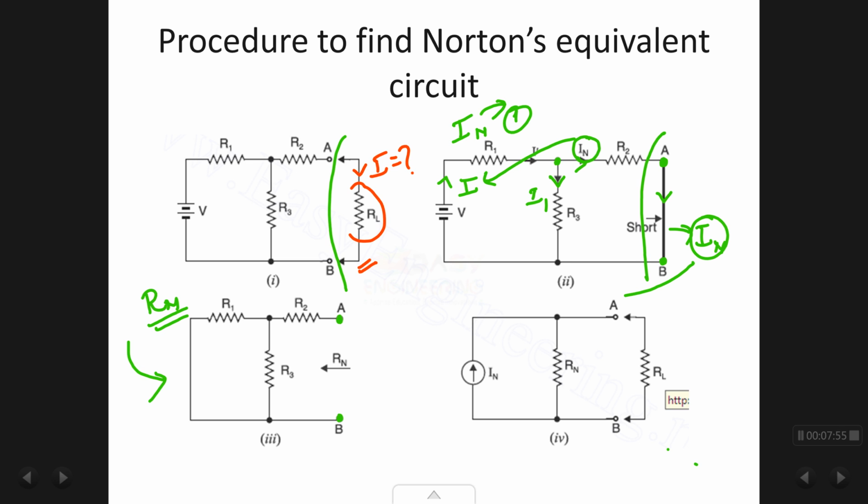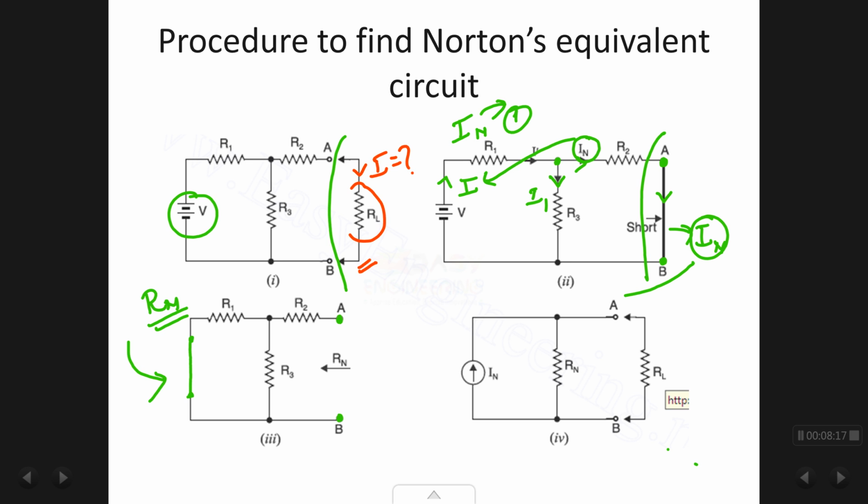Also, in this entire circuit to my left, you have to remove all the energy sources. Here I have one energy source, which is a voltage source connected across these two points. Since it's a voltage source, I have shorted it.